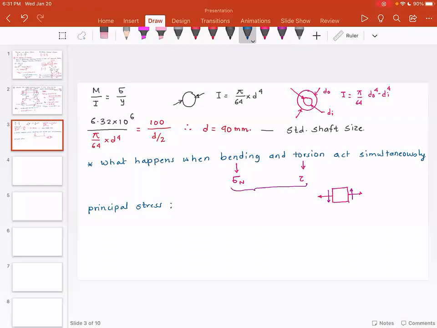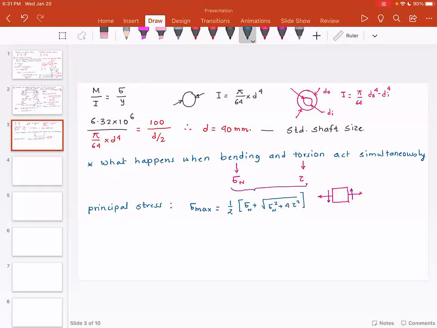So the maximum principal stress, which I'm going to call sigma max, is given by the equation 1/2 of sigma plus square root of sigma square plus 4 tau square. So this sigma is nothing but sigma n. So this equation is given as 1/2 of sigma n plus square root of sigma n square plus 4 tau square.